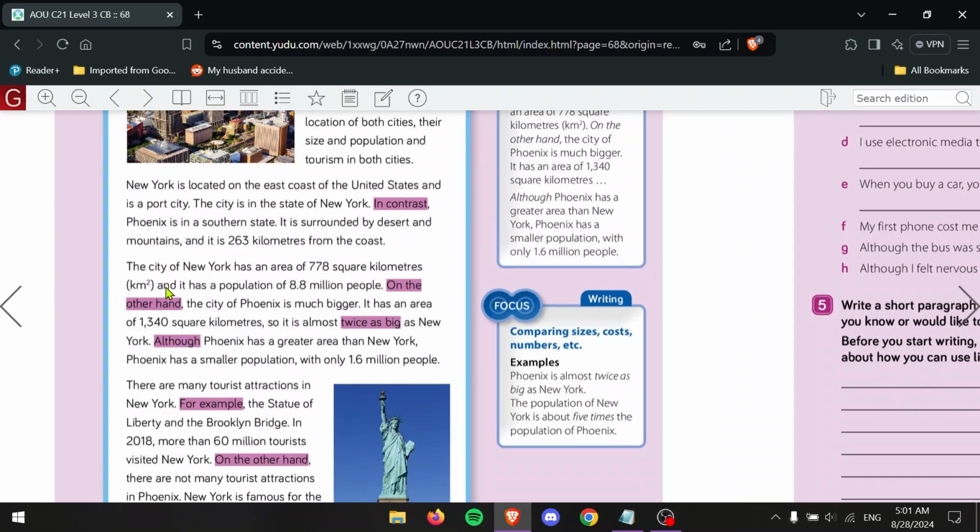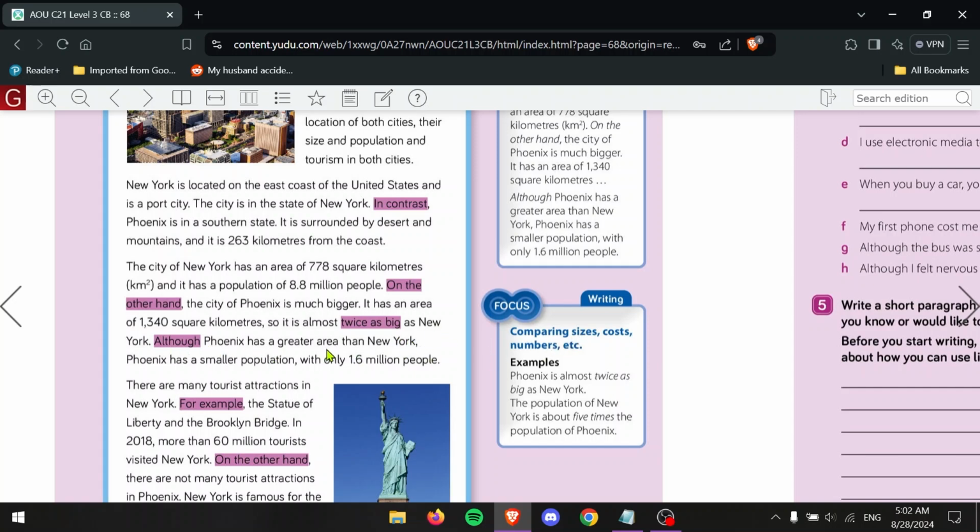Also here, the city of New York has an area of 778 square kilometers and it has a population of 8.8 million people. On the other hand, like we saw earlier, the city of Phoenix is much bigger. It has an area of and so on. So it is almost twice as big. Twice as big is us giving comparisons of numbers, size, etc. as New York.